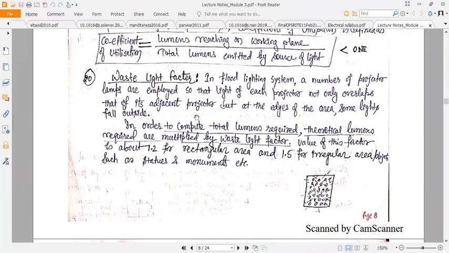The theoretical lumens are multiplied by the waste light factor.